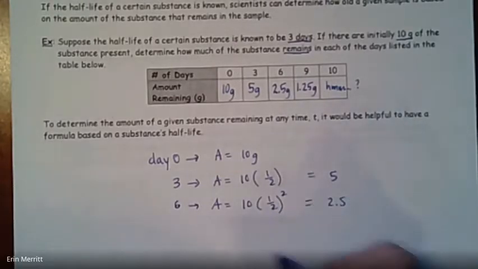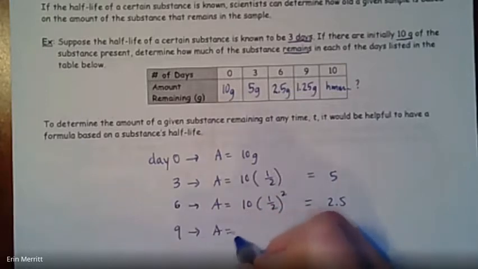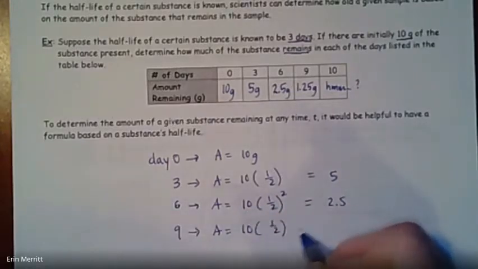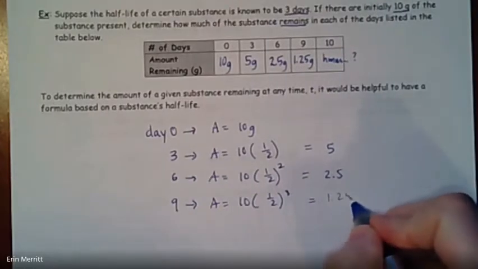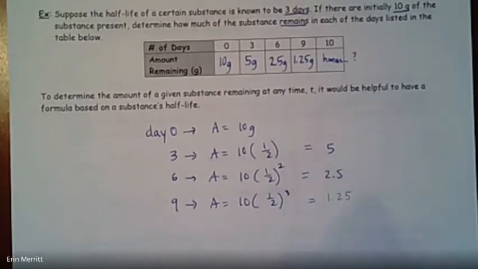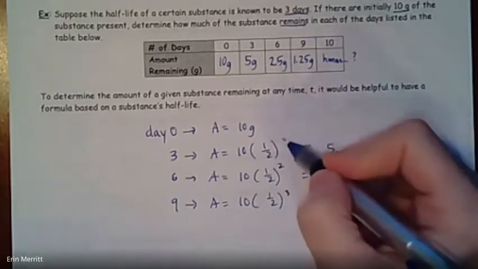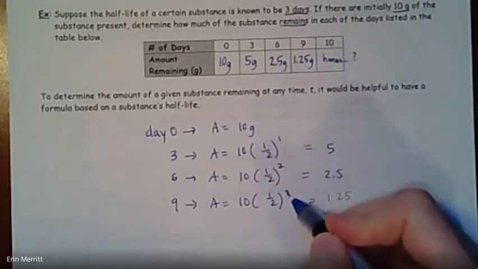That's where the 2.5 came from. By day 9, you'd have multiplied it by another 1/2. So 1/2 to the third power gives us the 1.25. So what it might be easier to do is think about it as how many half-lives have gone by. So here, 1 half-life, 2 half-lives, 3 half-lives.